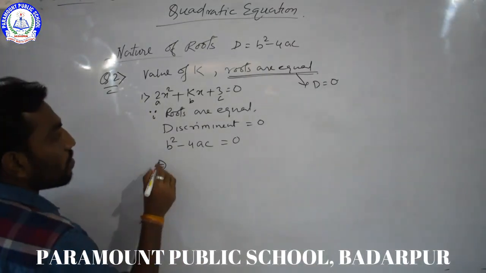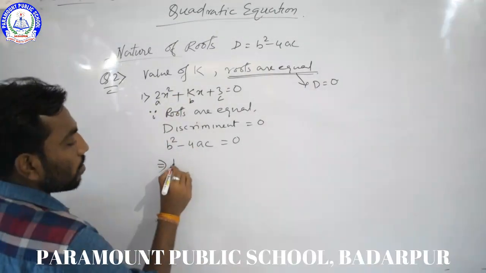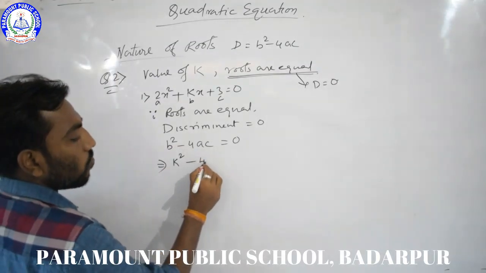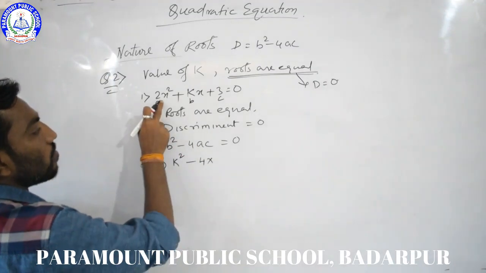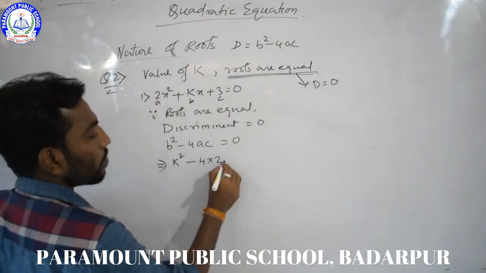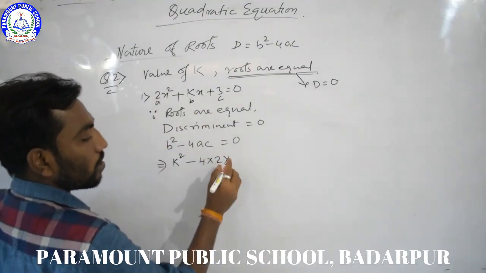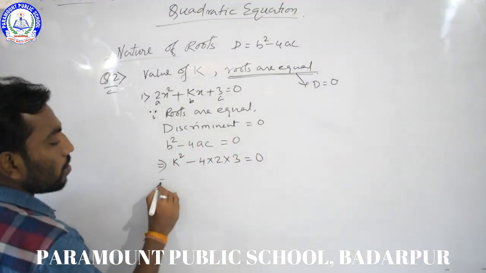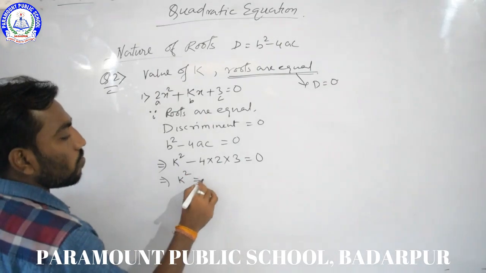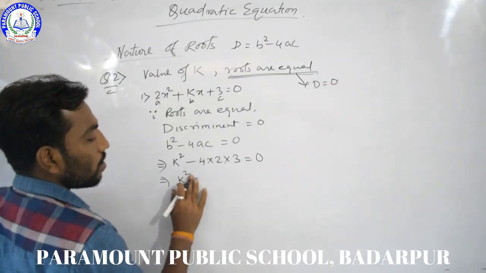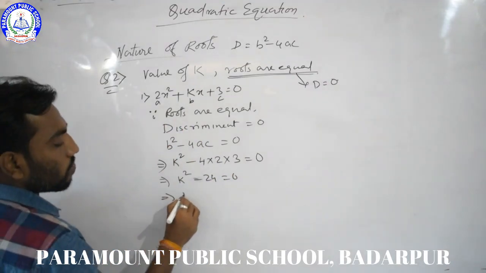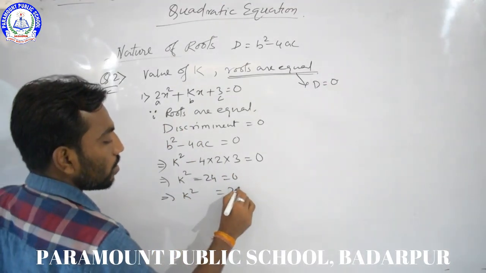So b value is nothing but k. So it becomes k square minus 4 into our a value is nothing but 2, and our c value is nothing but 3, is equal to 0. So k square is equal to 4 twos are 8, 8 threes are 24. So k square is nothing but 24.